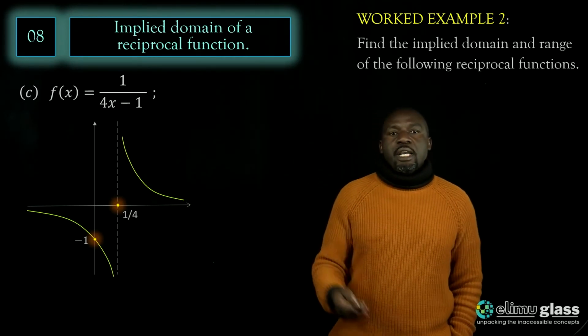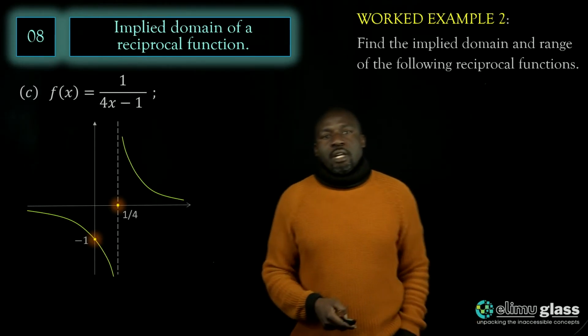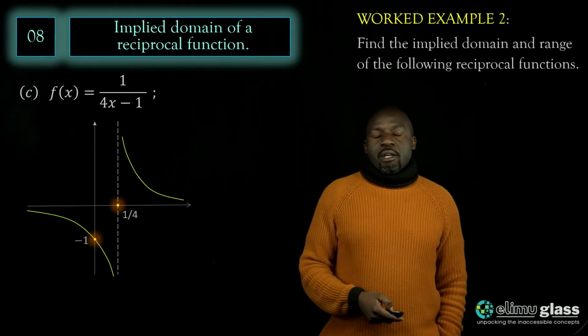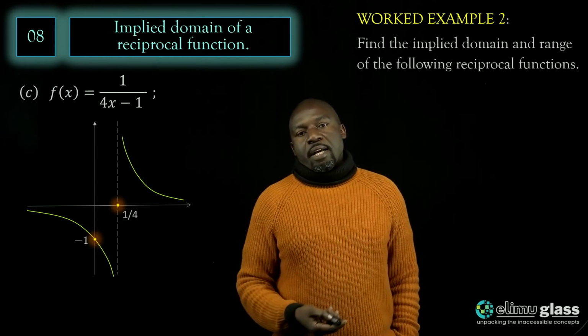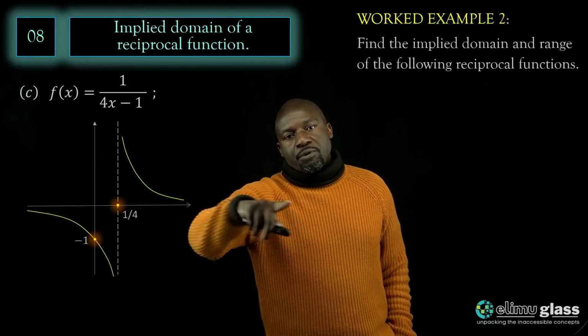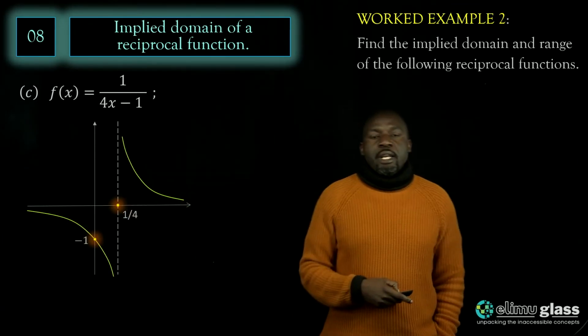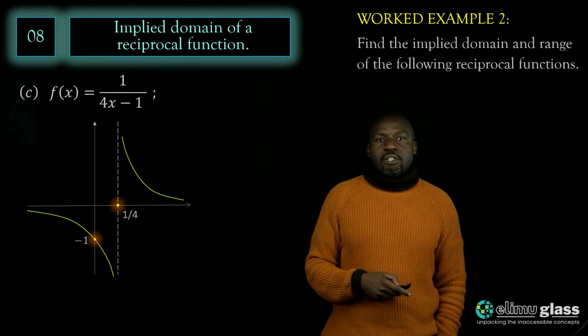Having determined this, it is now possible for us to talk about the range of this particular reciprocal function, and we can see that all values of y are acceptable except the value of y equals 0, which is also to say, by the way, that the x-axis is the horizontal asymptote.